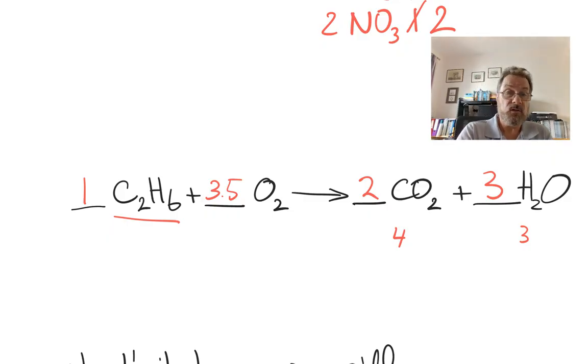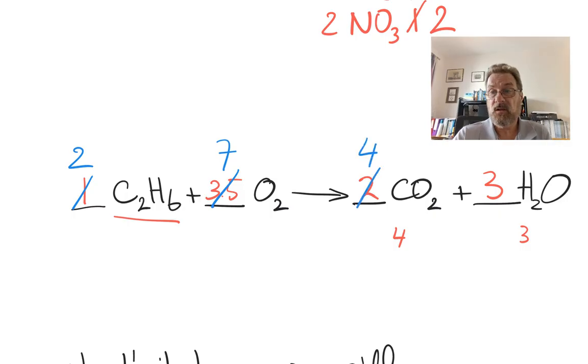Okay, so what do we do then to fix the rest of it? In this case, because we have a half, we just multiply everything by 2 and job done. So my 1 here becomes a 2, the 3.5 becomes a 7, the 2 becomes a 4, and finally the 3 becomes a 6. And now it's balanced.